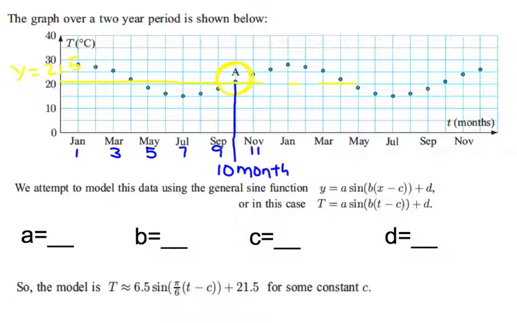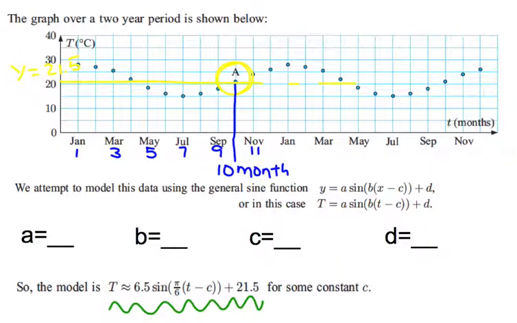So do we now know all the pieces? They put in everything so far down here. Everything but the C. So what do you think our C is going to be? Positive 10 or negative 10?